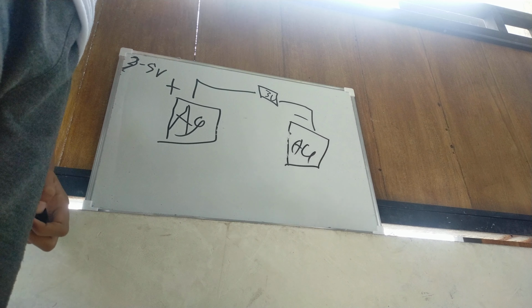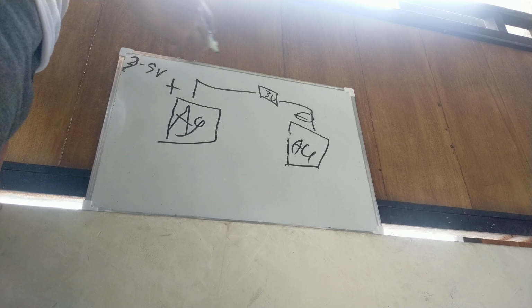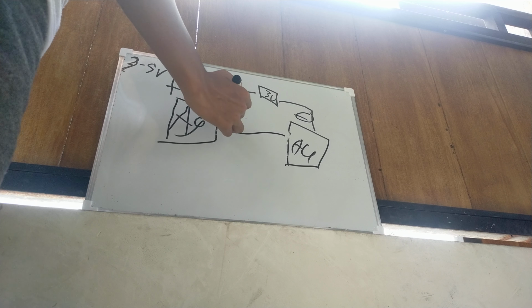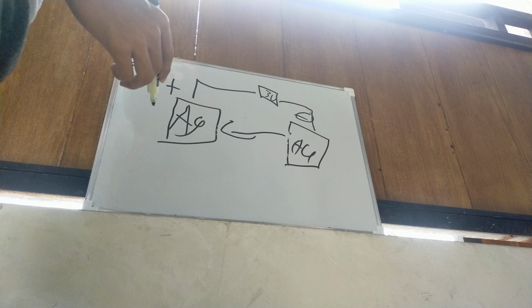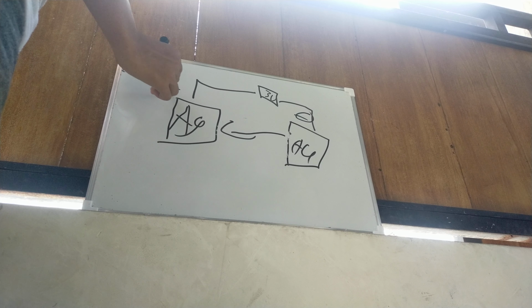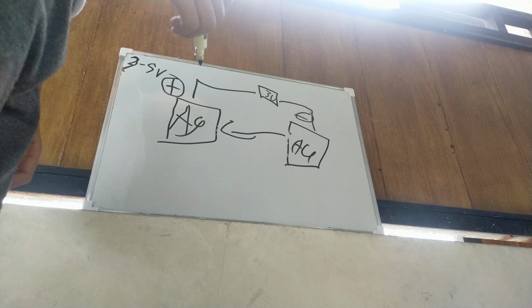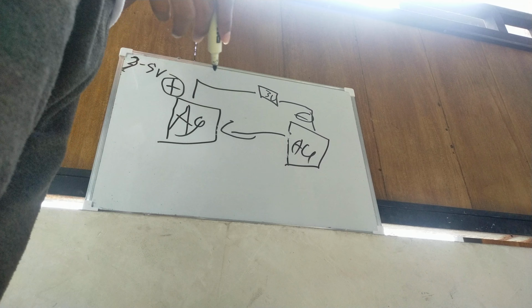So now let's focus on this circuit. Because now the gold is negative, the electrons of the gold will be attracted to the silver, because the electrons will be attracted to silver's positive electrode.